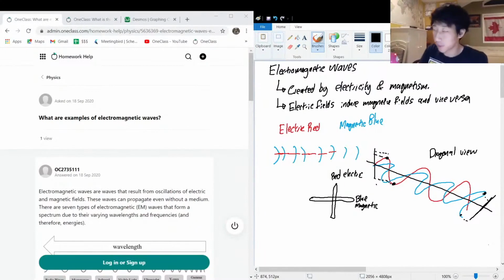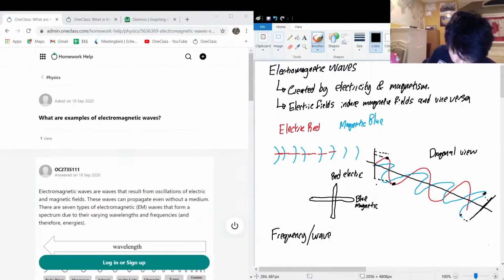But these are what electromagnetic waves are, and they can exist at different frequencies, and at different frequencies they will have different properties. So frequency or wavelength, because they are pretty much the same, they're different ways of saying the same thing.